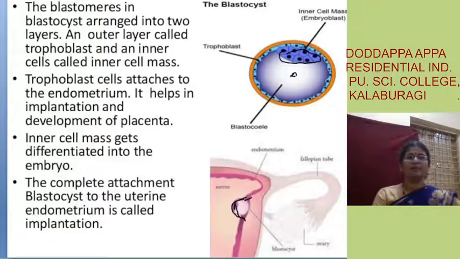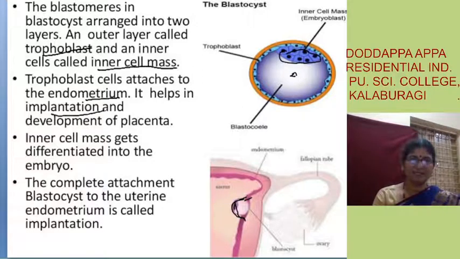The blastomeres in the blastocyst get arranged in 2 layers, which you have already read. That is the trophoblast and the inner cell mass. The trophoblast attaches to the endometrium and helps in implantation, and this only will develop into the placenta. Now the inner cell mass will develop into the embryo.